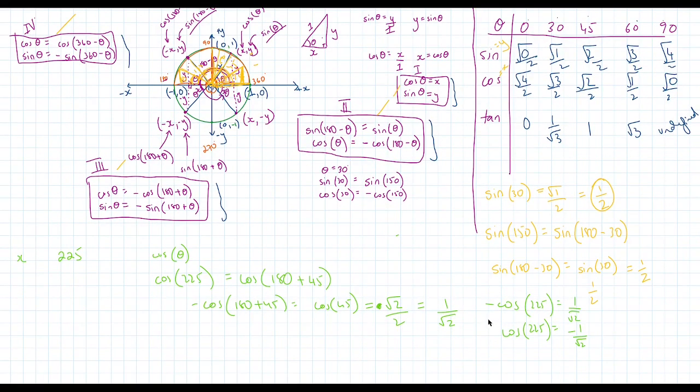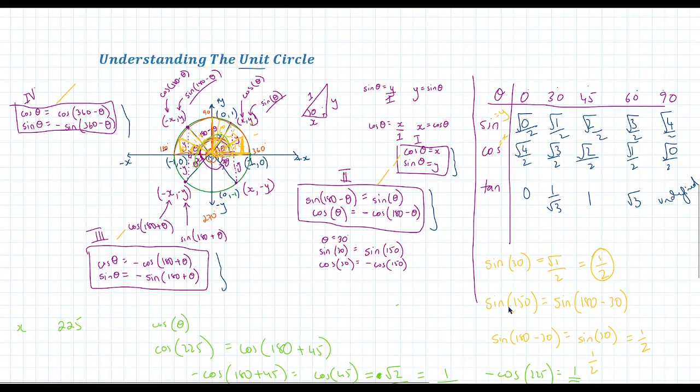So we've found the x component of the line at 225 degrees will be negative 1 over root 2. So that's how the unit circle and this table here are helpful. It can help us find the x and y components of different radii around the circle at different degrees around the circle.